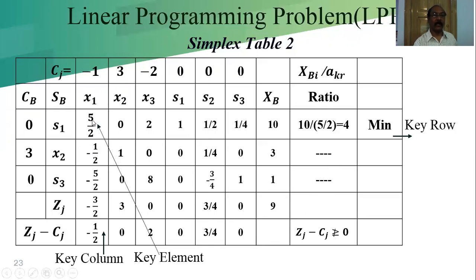So first we calculate the elements from the previous table, then we calculate the ZJ, then we calculate the ZJ minus CJ. So all the calculation is done here, all the elements, by using the formula new value is equal to old value minus that formula. This calculation I already shown, this 3.